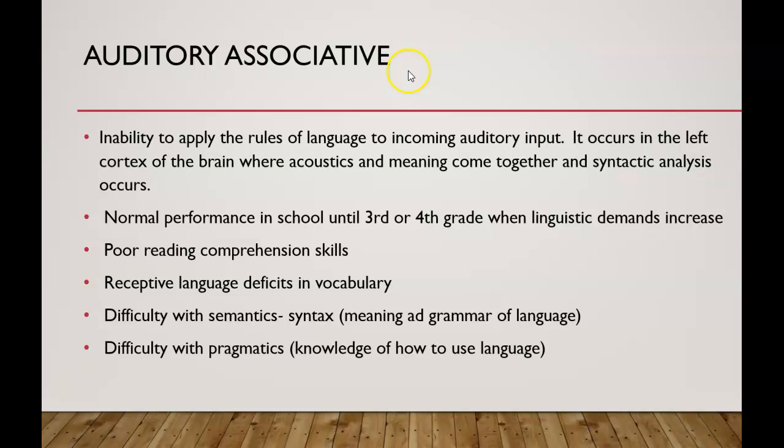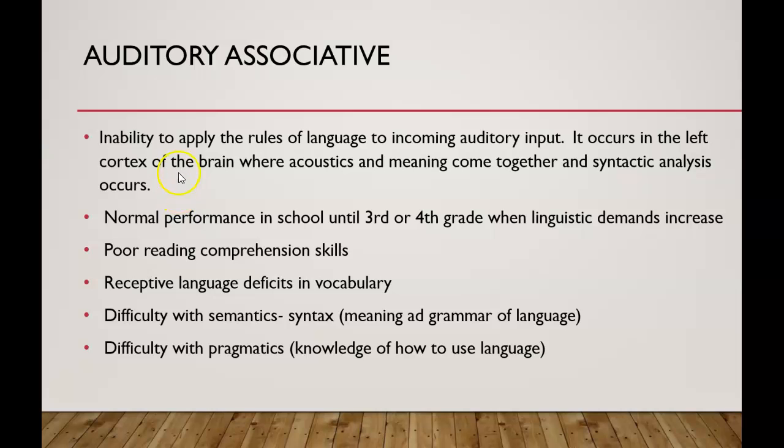Auditory associative is very similar to the decoding, but with Bellis's model, it occurs a little bit later. In the decoding model, we tend to see it around kindergarten, and in auditory associative, it doesn't typically come on until third or fourth grade when the linguistic demands in the classroom increase.